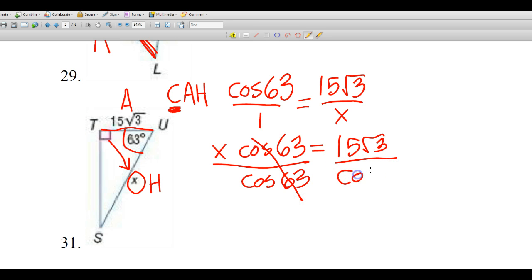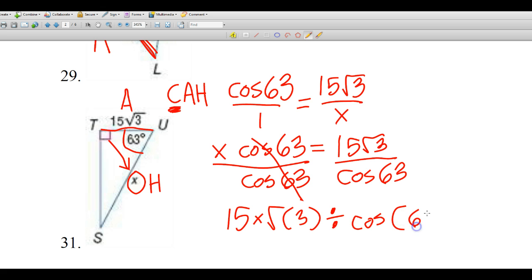So we divide the other side by the cosine of 63. So we need to take 15 times the square root of 3 divided by cosine of 63. And that would be 57.2 to the nearest tenth.